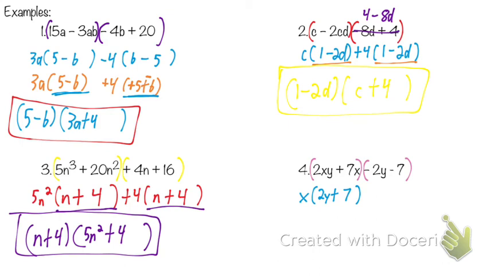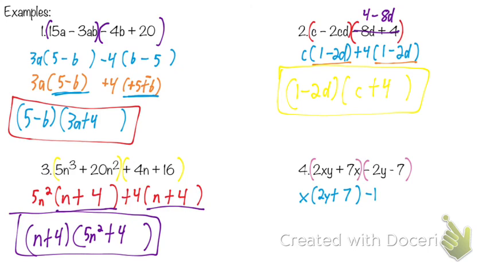Now, negative 2y minus 7, we said we don't want it to be negative, so we're going to take out. Do the 2 and the 7 have anything in common? No. Do they both have a y? No. So do we see any common factor? No. So we're just going to make it a negative 1.